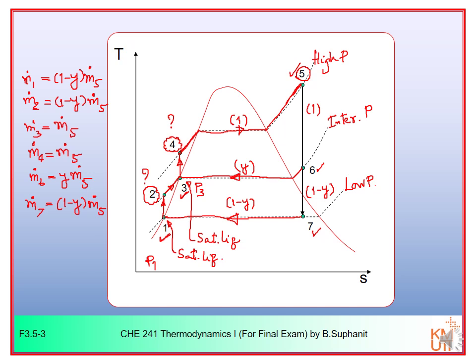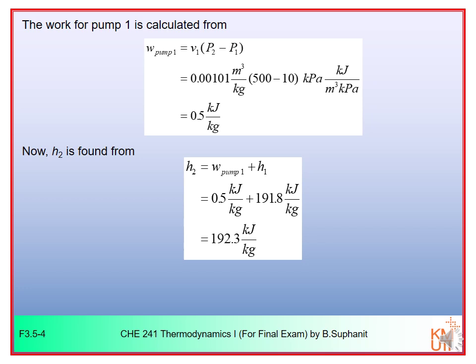Now let's move on. We have to consider the process in the first pump. In the first pump, we can estimate the power that we need. We can estimate the work required by calculating v1 multiplied by (P2 minus P1), because it's an incompressible liquid; you can estimate the work from specific volume multiplied by pressure change.